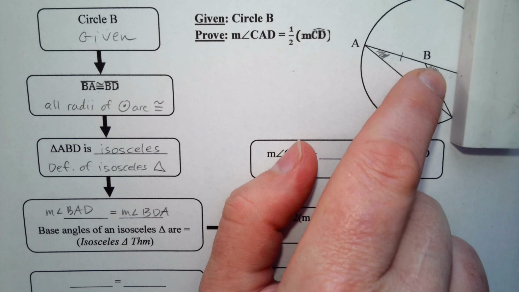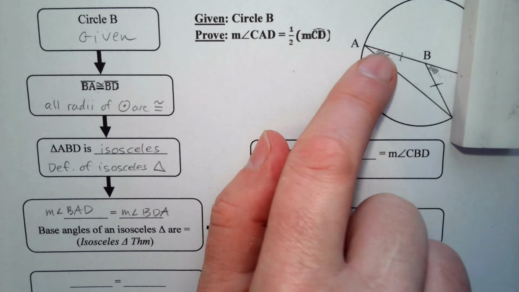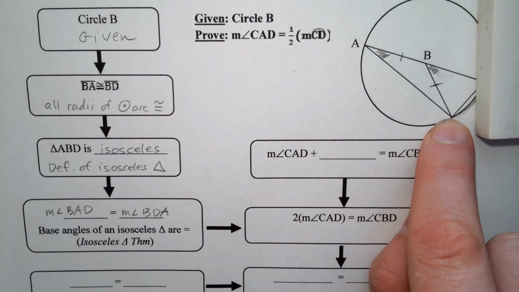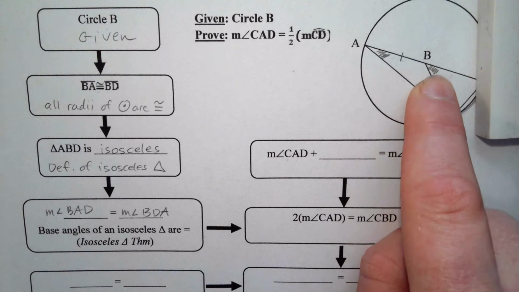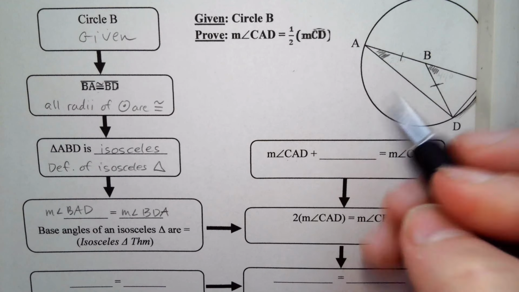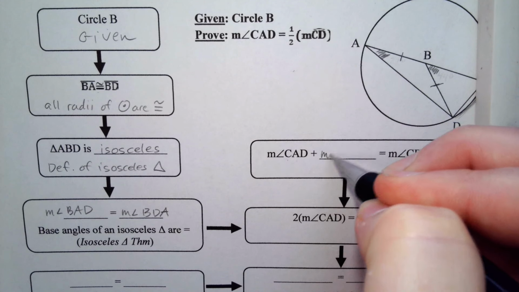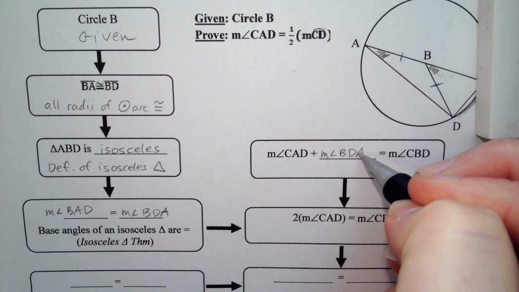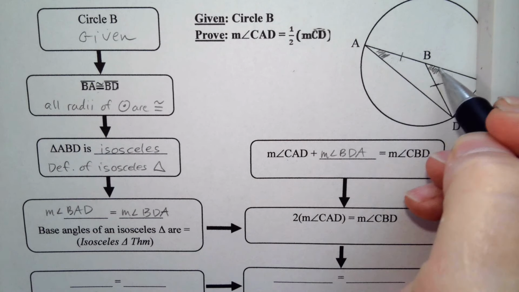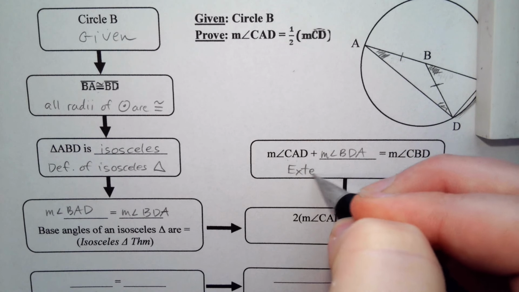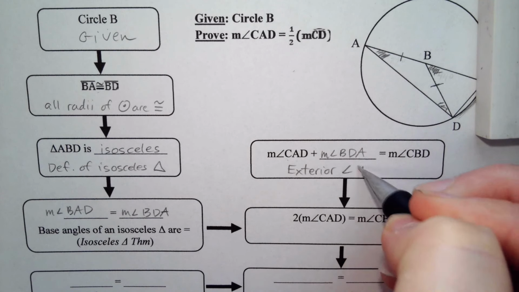That's an exterior angle. So this angle, angle A, plus the angle right here by D, add those up, that will equal the outside angle. So the measure of angle CAD plus the measure of angle BDA will equal that exterior angle, and we're going to be using the exterior angle theorem.